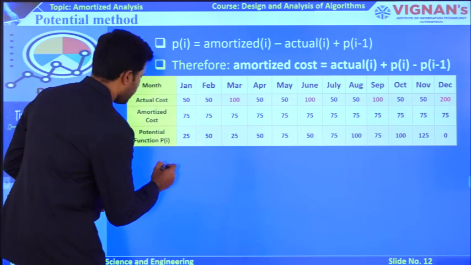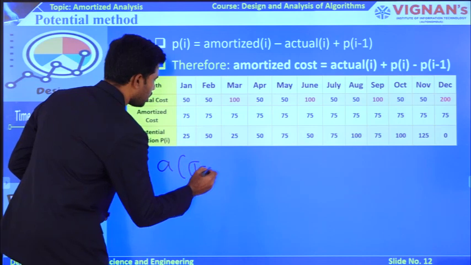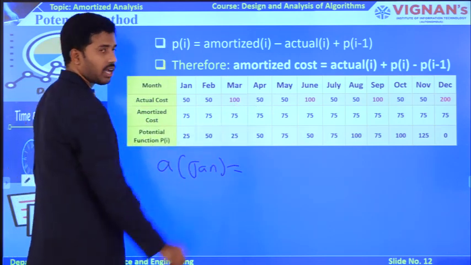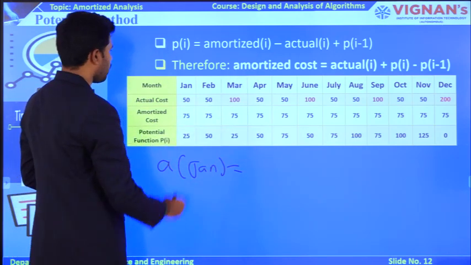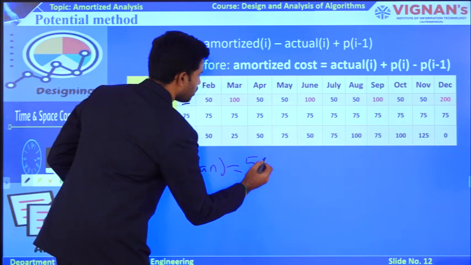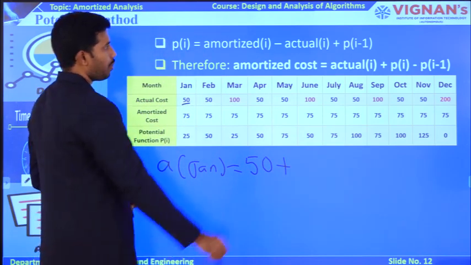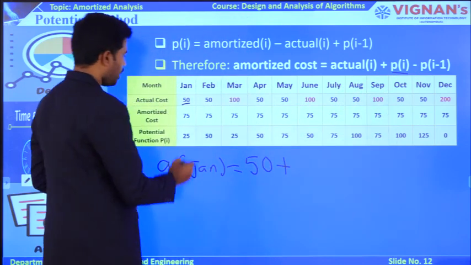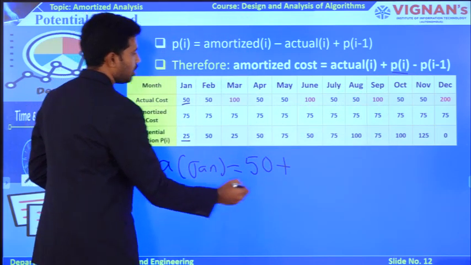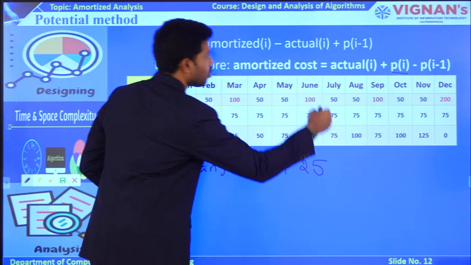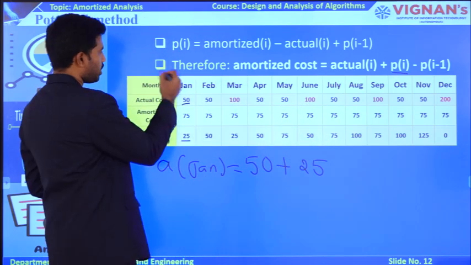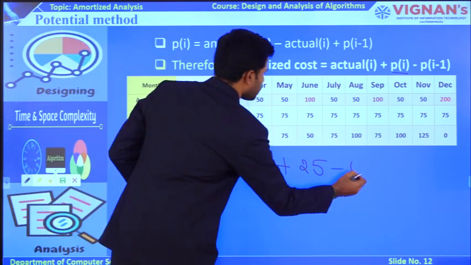First you try to apply amortized cost on January. What is the formula? Actual cost of January. What is the actual cost of January? 50 plus P of I, right? So what is the P of I value of January? 25. Ultimately there is no P of I minus 1. There is no previous month for January, right? So it will be considered as 0.